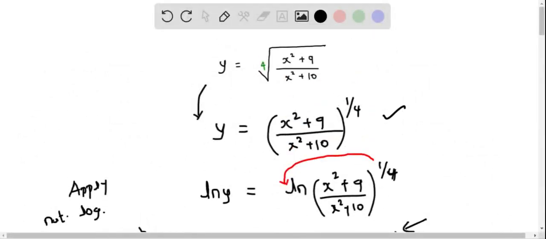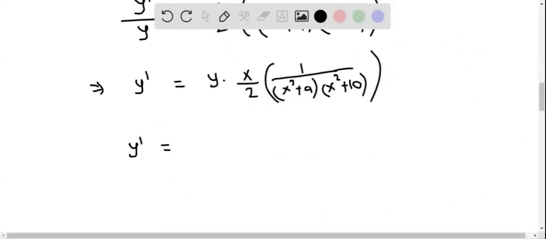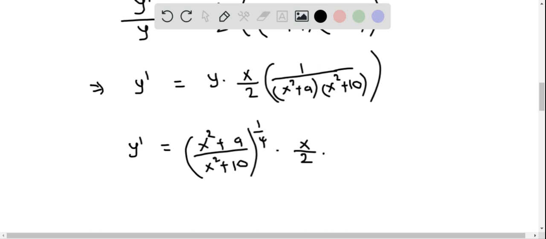So it is the 4th root, that is (x squared plus 9) over (x squared plus 10) raised to the power of 1 by 4, and then we have x by 2 multiplied with 1 over (x squared plus 9) times (x squared plus 10).